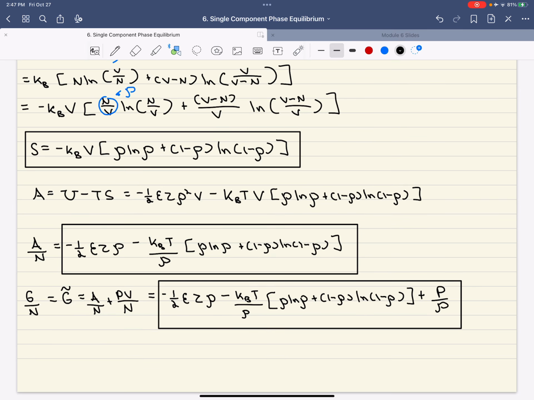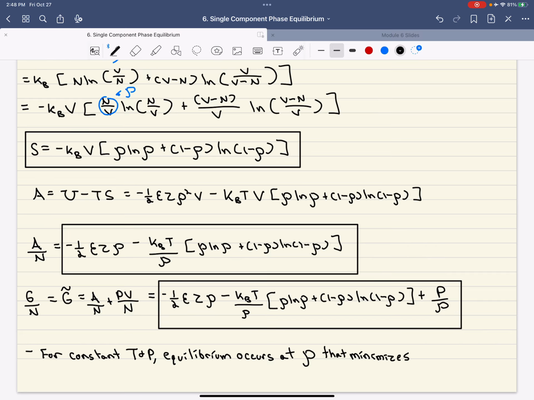And remember, this is important because we know that at equilibrium, the molar Gibbs energy of the two different phases is equal. Or more specifically, to find when equilibrium occurs for a constant temperature and pressure, we know that equilibrium or coexistence would occur at the density value that minimizes that molar Gibbs energy.